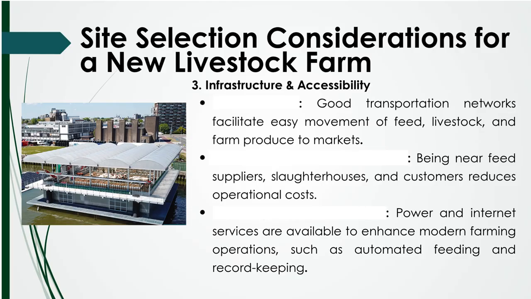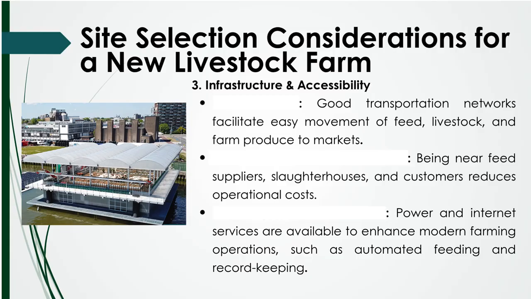Right, road access is an important thing you have to look at, whether that place has a good transportation network that can facilitate easy movement of feed, livestock, and farm produce to market. If you build your farm far away from the access route, it will increase your operational cost.